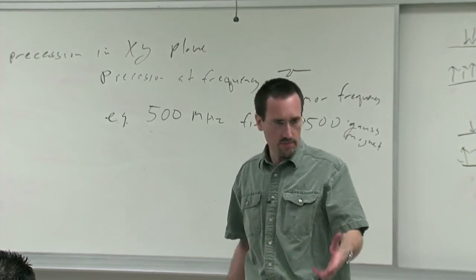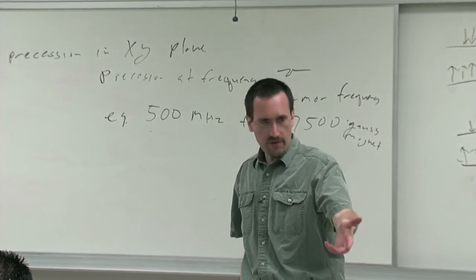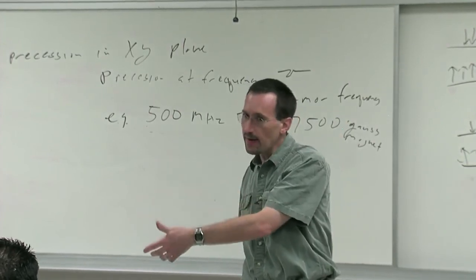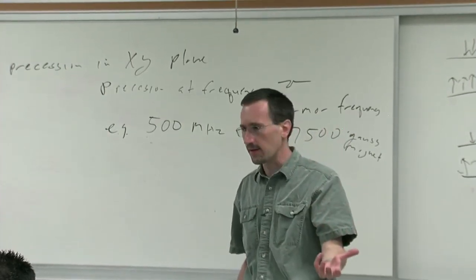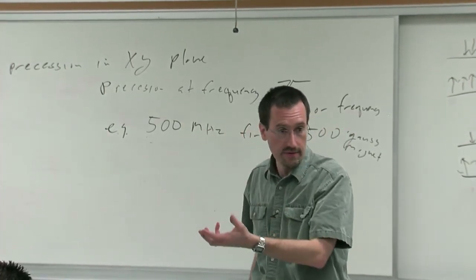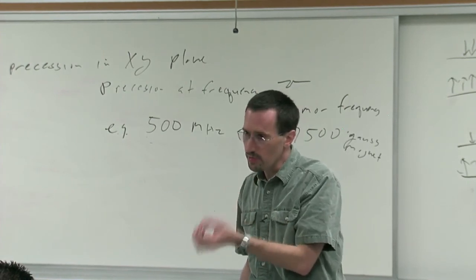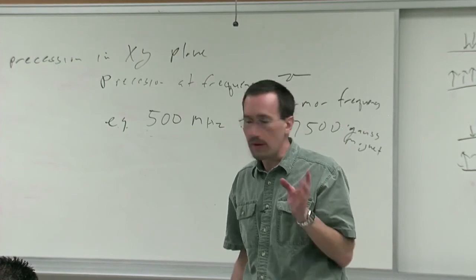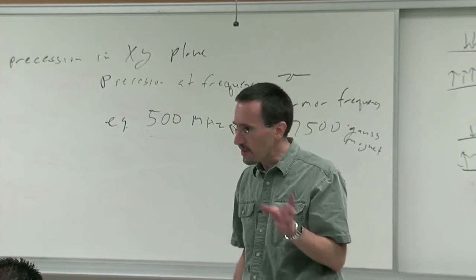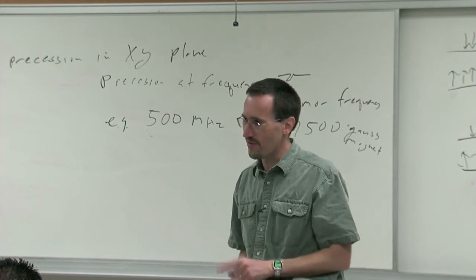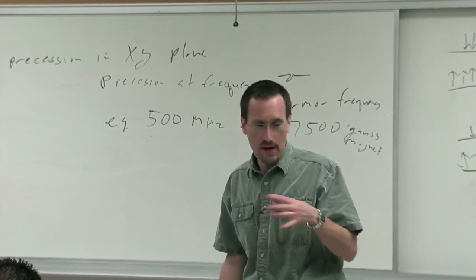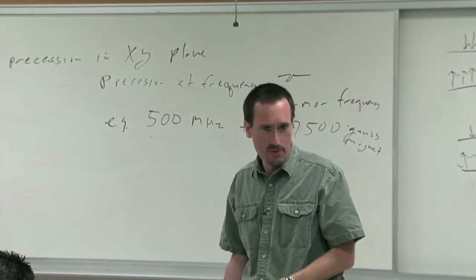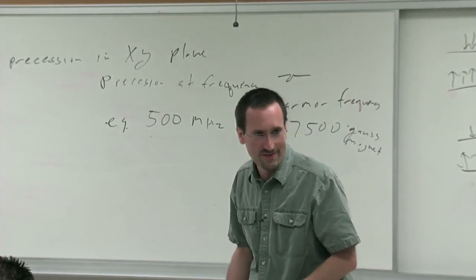Hence, different types of protons precess at different frequencies. Chloroform precesses at a different frequency than TMS. The CH2 groups of ethyl alcohol precess at a slightly different frequency than the CH3 groups. These differences in frequency are very, very small, but they were upsetting to physicists because physicists figured this has to be a universal property of protons, and when they saw it varied by magnetic environment in the molecule, they gave it the contemptuous term chemical shift.